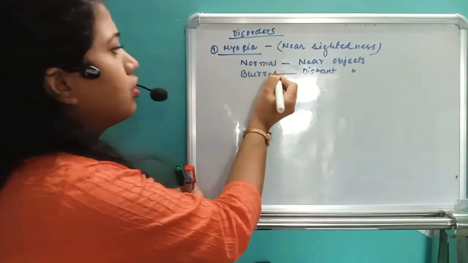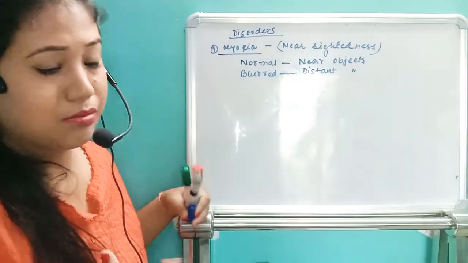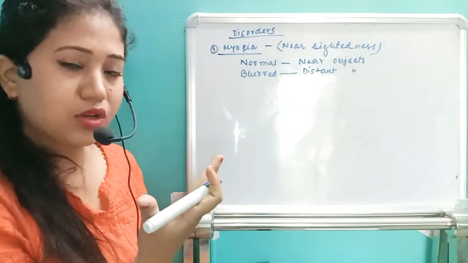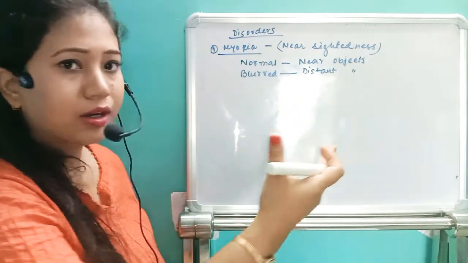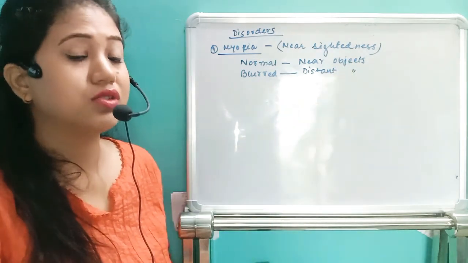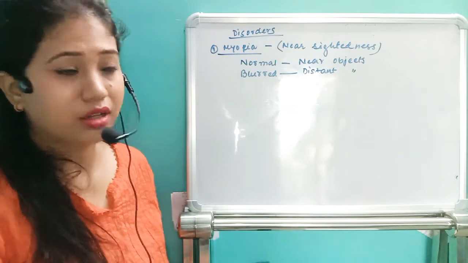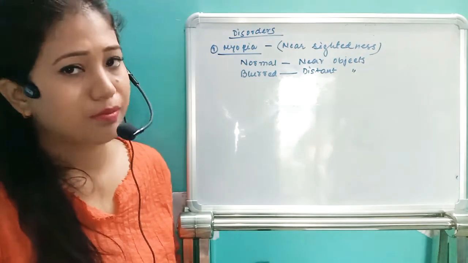That's why the individual can see only the near images, and if they need to see far or distant images, they get blurred. That condition is called myopia.